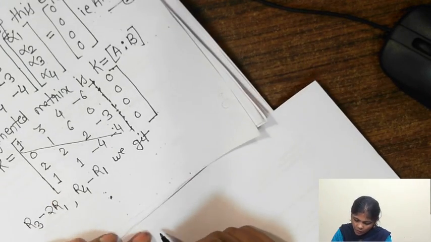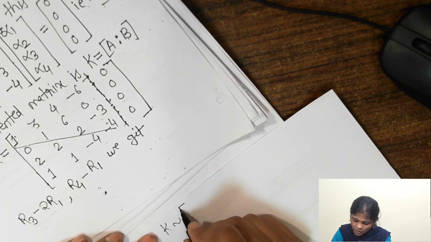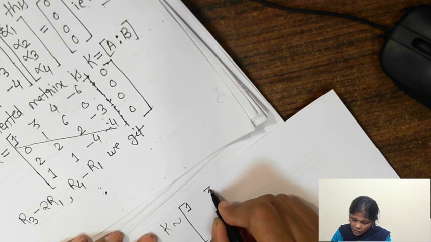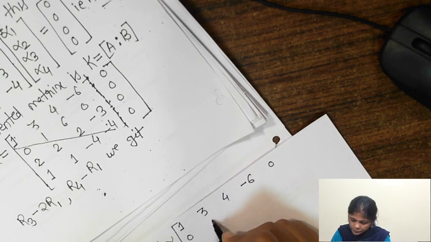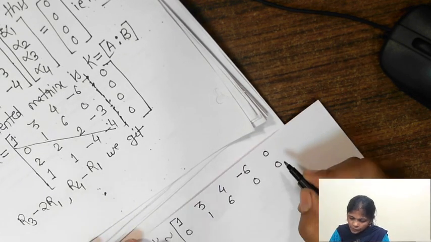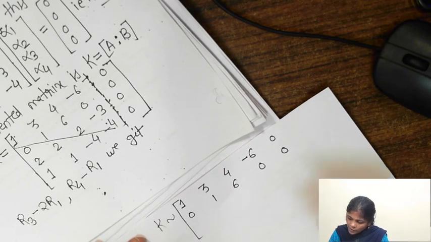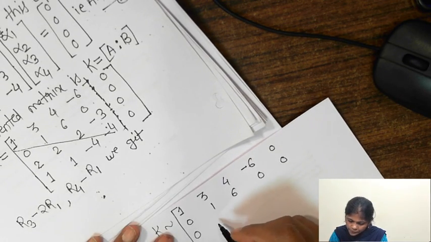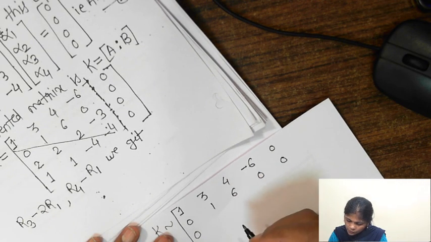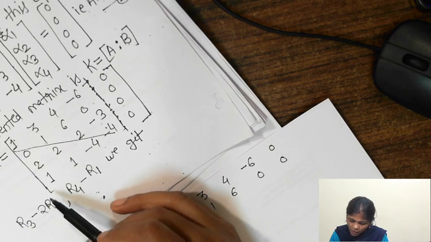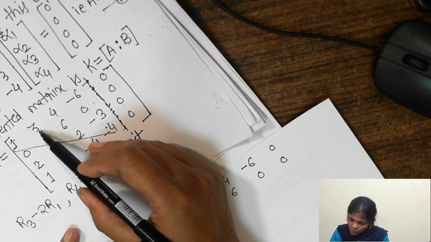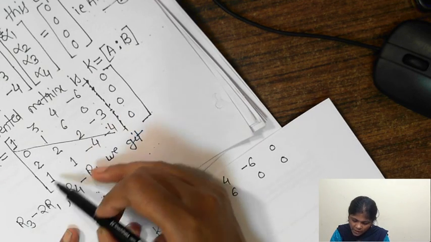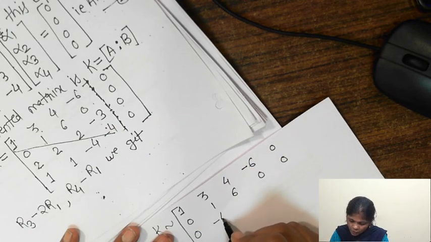So what do we get after applying the set of operations? There will not be any change in the first two rows, so write them as it is. Now the changes in the second row give you 0. R3 minus 2R1: what is R3? 2R1, so what does it give? 2 times 3 is 6, 2 minus 6 is minus 4.